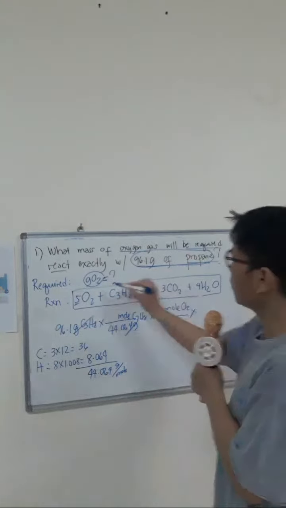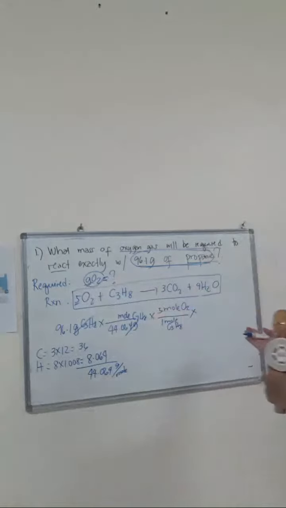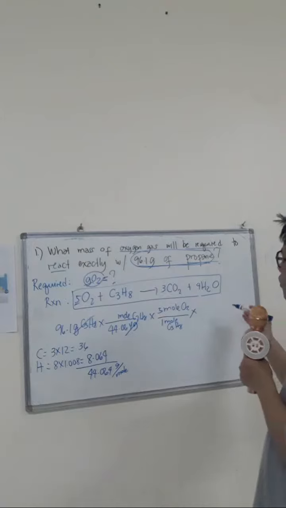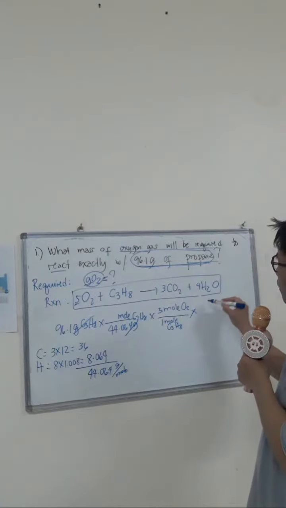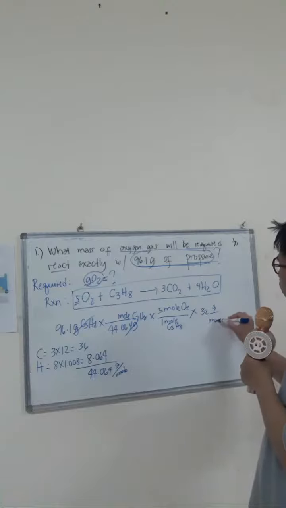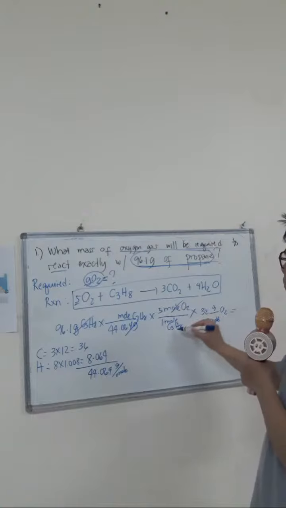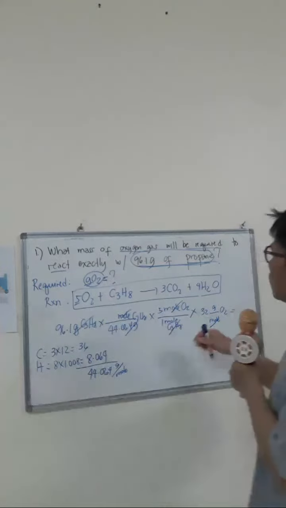Now, since you are looking for the mass, multiply it by the molecular weight of oxygen gas, 32, which is 16 times 2, so 32 grams per mole of oxygen gas. We have now the grams of oxygen gas because the moles are cancelled.